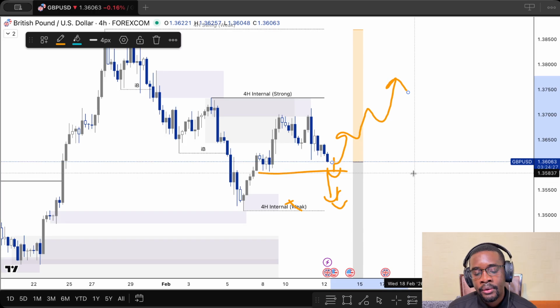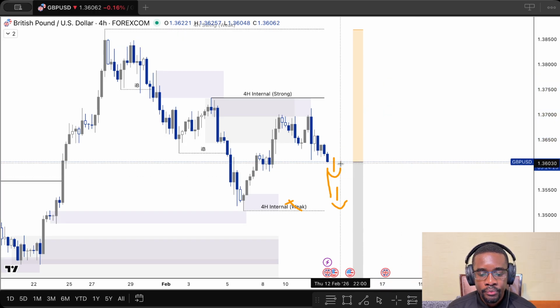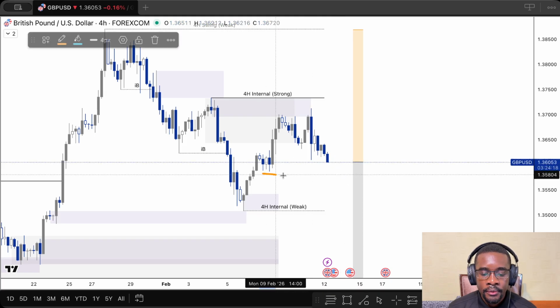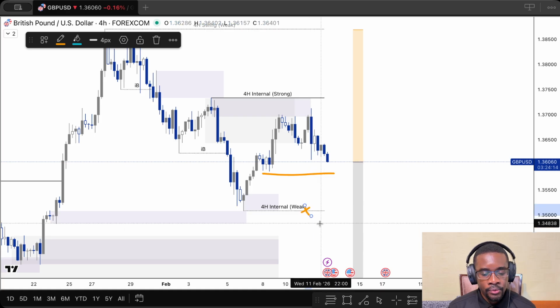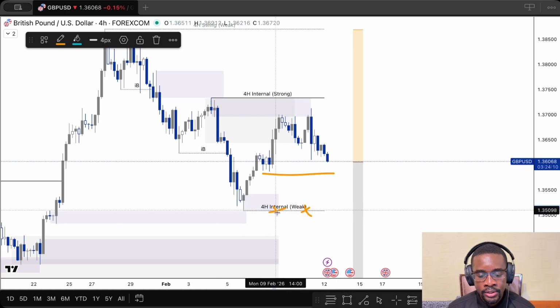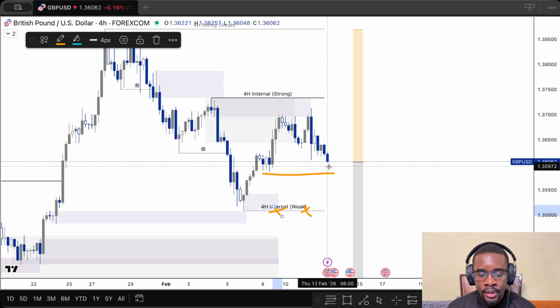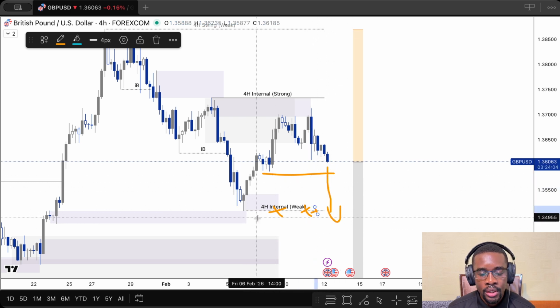So what we're doing now is we just have to anticipate based on areas of liquidity, areas of resting liquidity and weak structure. Okay, so we have weak structure down here, so it is possible that price could then come in and eliminate this weak internal low.